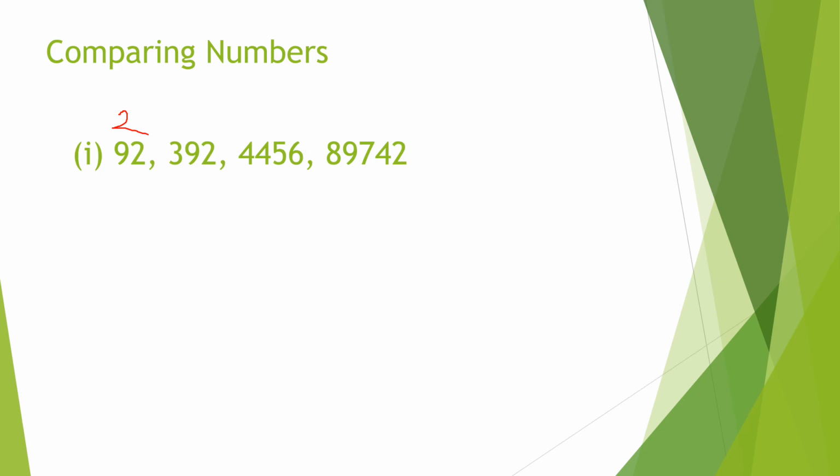In 392, only 3 digits are there. In 4456, 4 digits are there. In 89,742, how many digits are there? There are 5 digits. So definitely 89,742 is the greatest number.